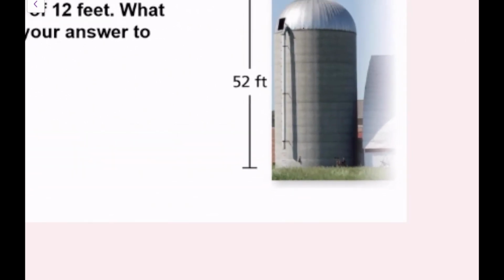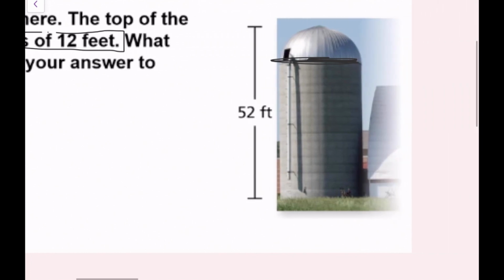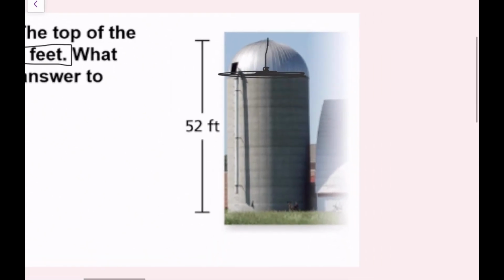The cylinder goes up to here, and then we have the hemisphere, where we're given that the radius is 12 feet. Okay, so that means that from the center, which is right here, to there, is going to be 12 feet.